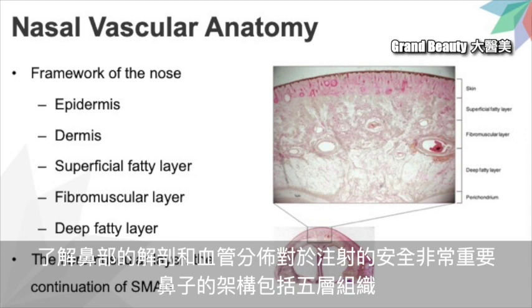The fibromuscular layer is the continuation of the superficial muscular aponeurotic system. And the main arteries of the nasal dorsum are located at the level of the superficial or deep fatty layer.